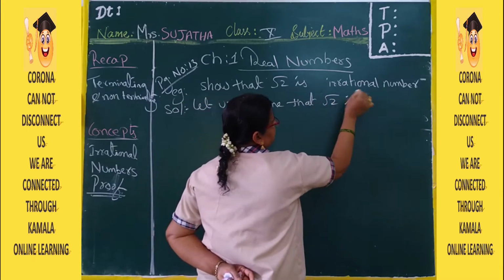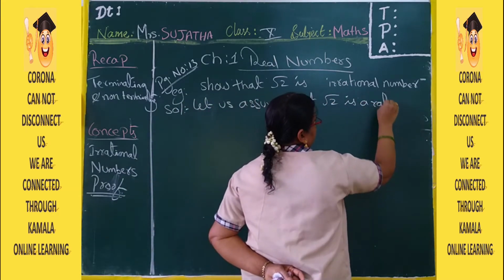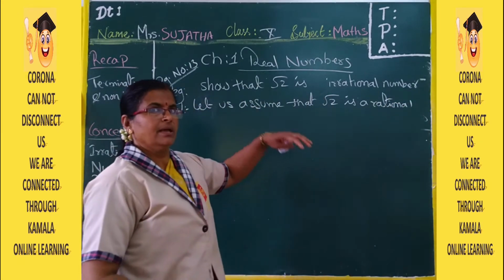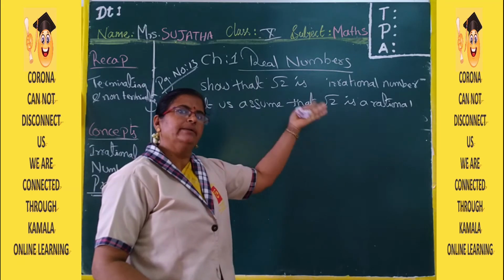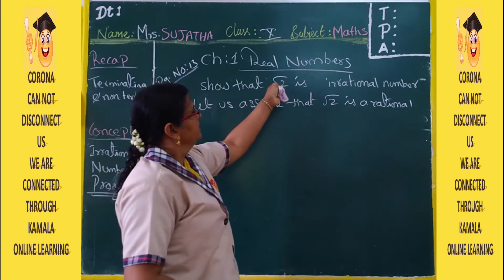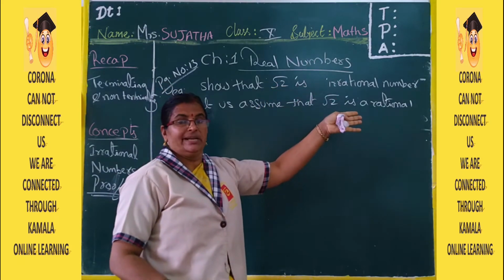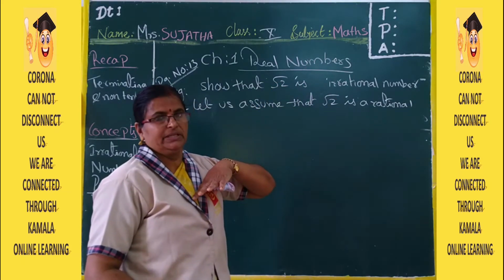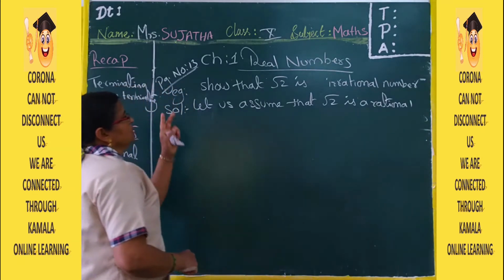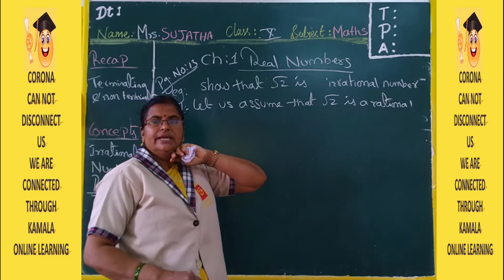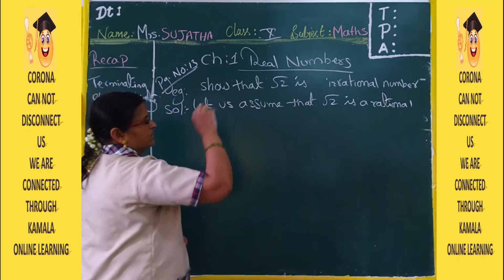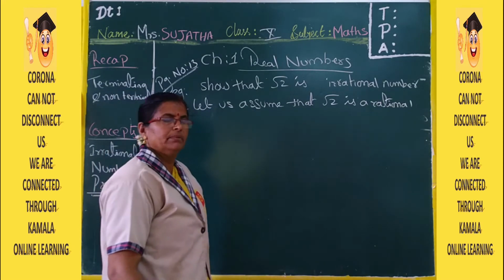Because, listen here, you have to take its opposite and prove it. Understood? In the question it is given that it is an irrational number, but we are assuming that root 2 is a rational number. If you are assuming like that, there should exist two integers.